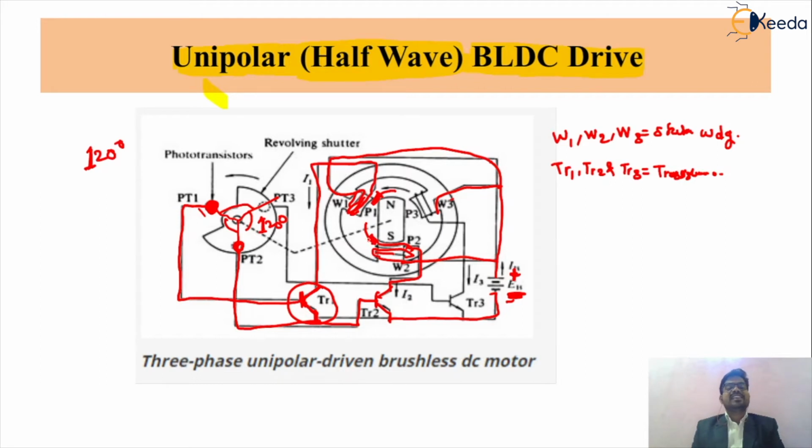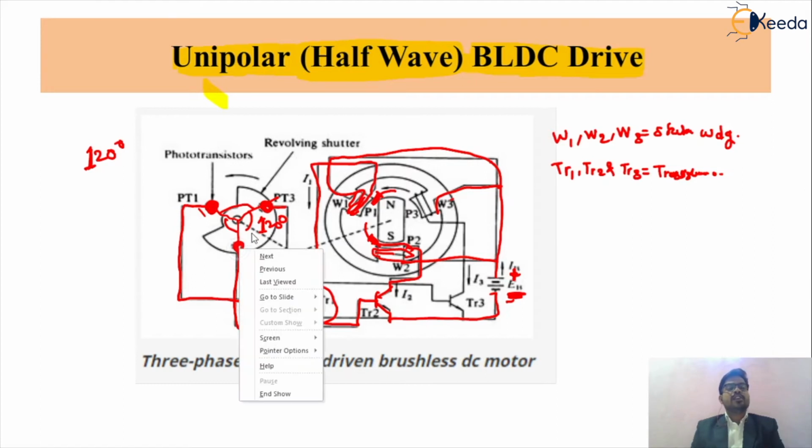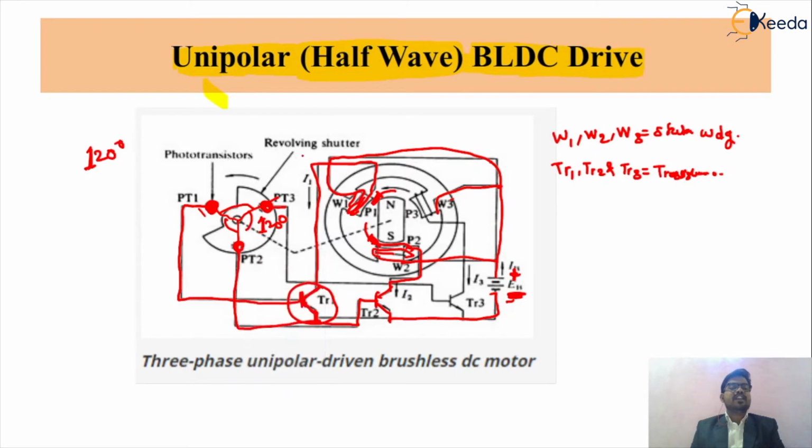So friends, this is the second case, and when we are getting the photonic energy to phototransistor number 3, a similar thing will happen. At that time only PT3 will be in the conducting state, and all the remaining phototransistors will be in the non-conducting state. So due to the particular condition of the revolving shutter, only PT3 will be conducting.